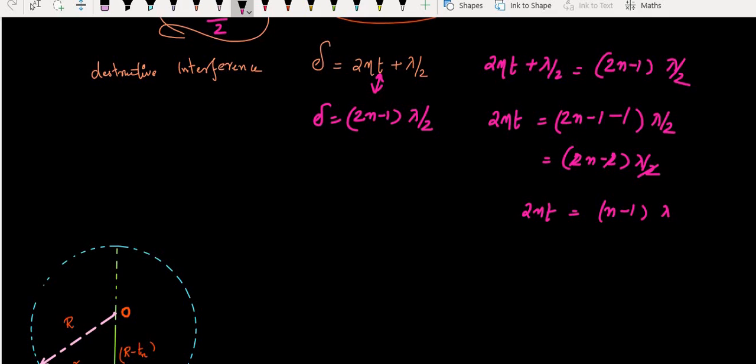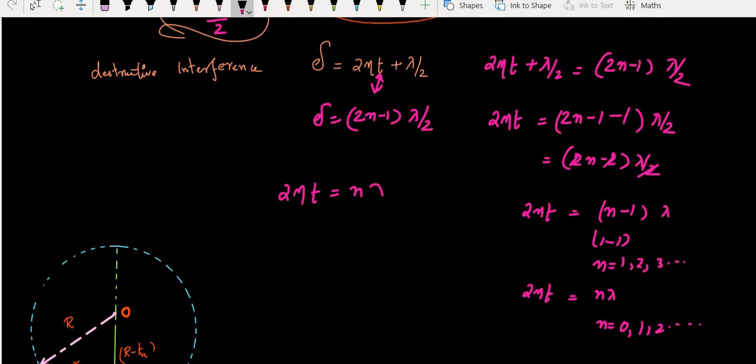Our n was starting from 1, 2, 3 and so on, so when n equals 1 we get 1 minus 1. Instead of this, we can write 2 mu t equal to n lambda, where n starts from 0, 1, 2 and so on. So this is the equation: 2 mu t equal to n lambda is the condition for destructive interference or dark.